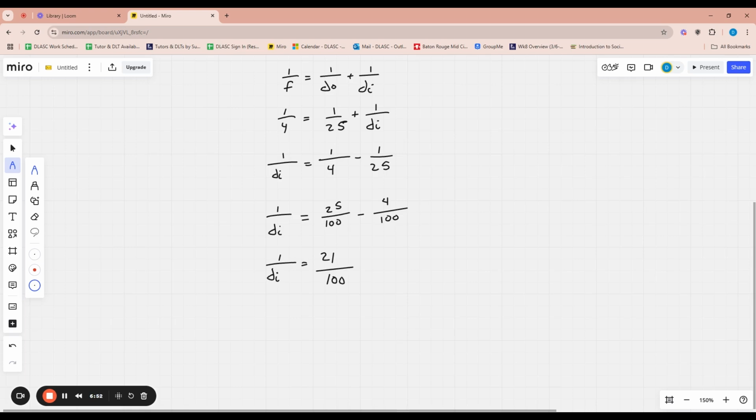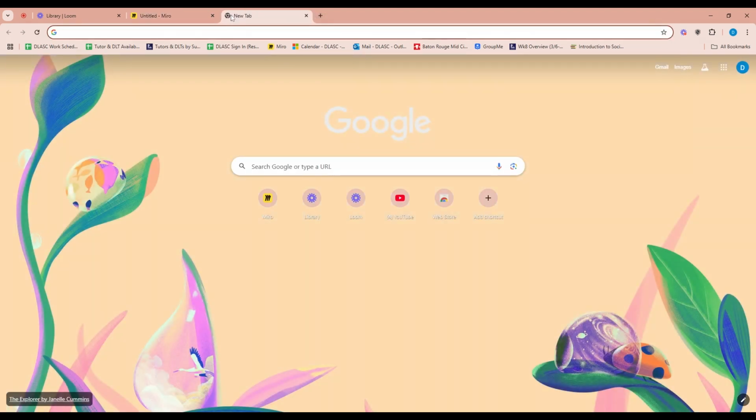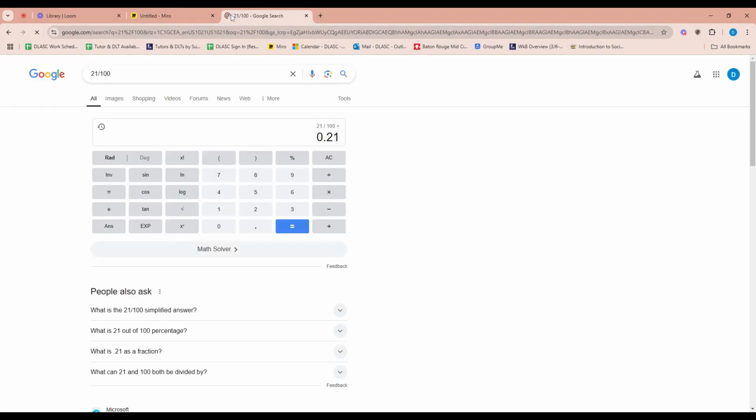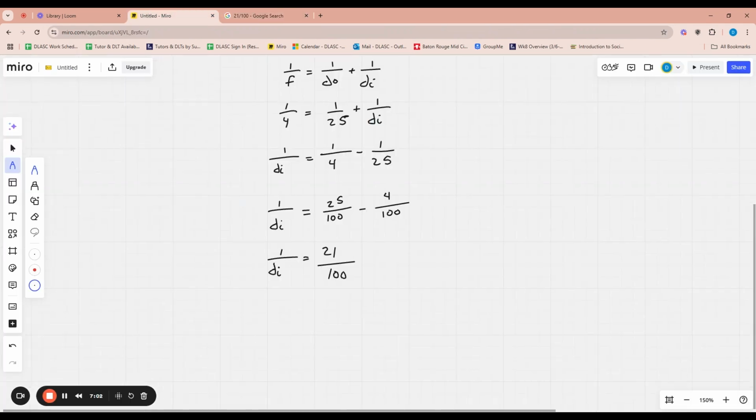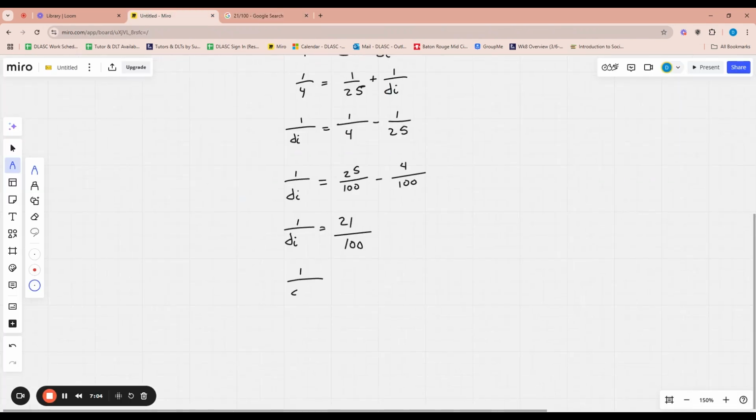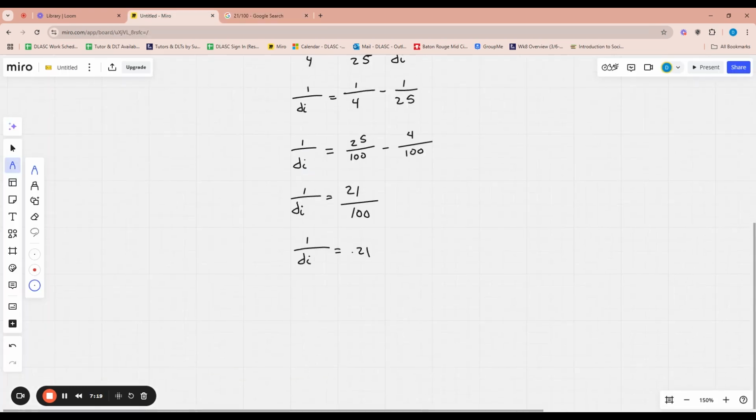And I want to say that is close to 5. Let's see what 21 divided by 100 is. 0.21. So 1 over d_i equals 0.21. And if you want to solve for d_i, when I said it's close to 5, I was talking about 1 over 0.21.